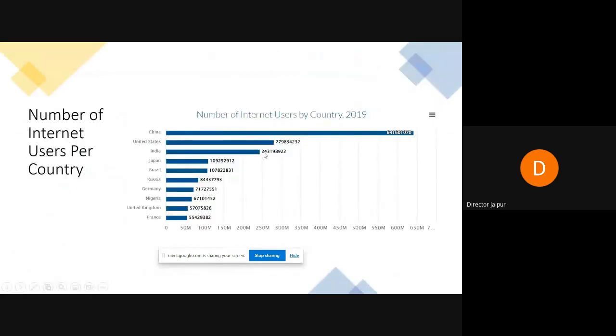Now, country-wise, you can see China has the largest in 2019, and India is next to the United States. I'm hearing that this year India has surpassed the United States, and in 2022 we are ahead now. It means we have more internet users as far as the country is concerned, and we are now number 2.